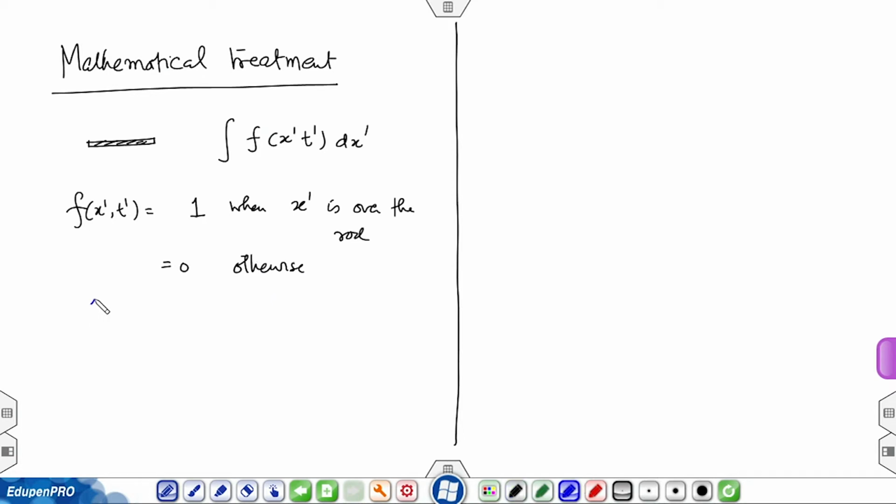So, given some t', the integration of f(x', t') dx' will be equal to L, the actual length.